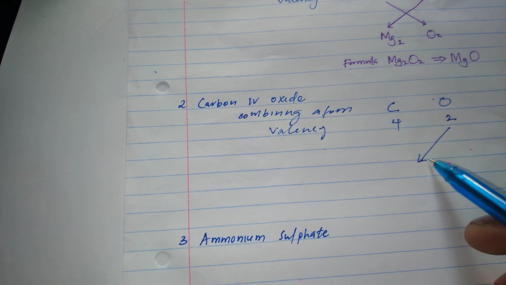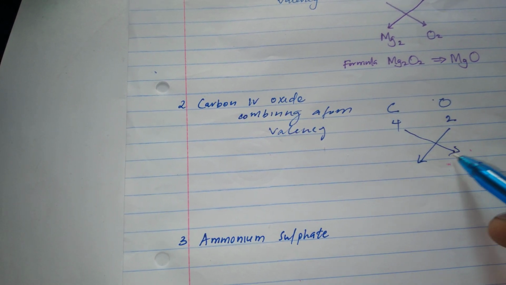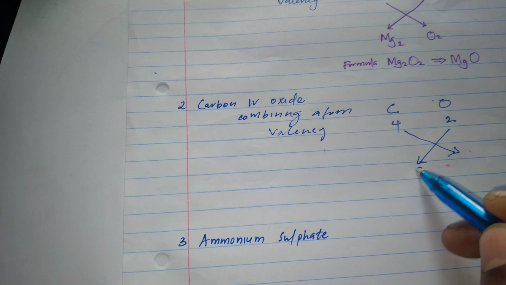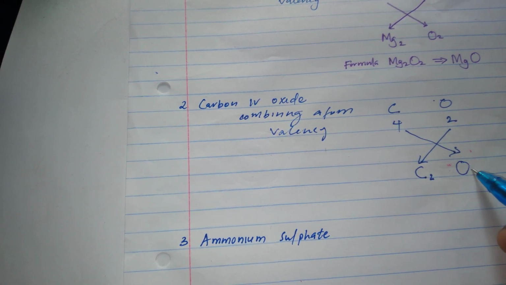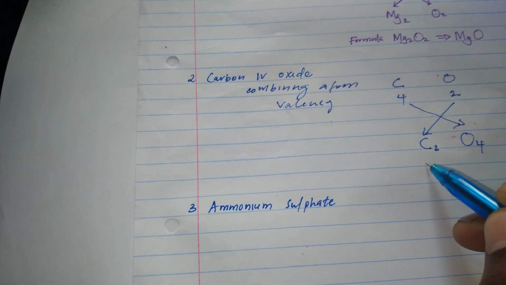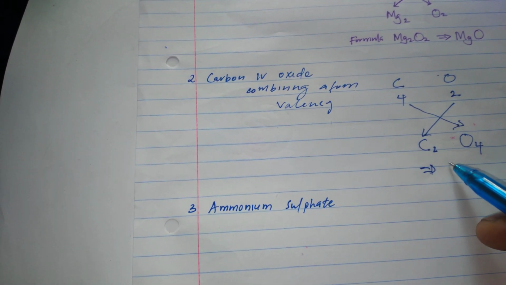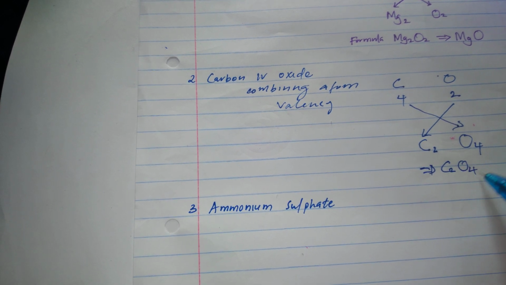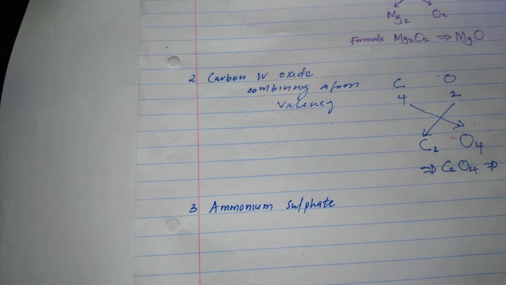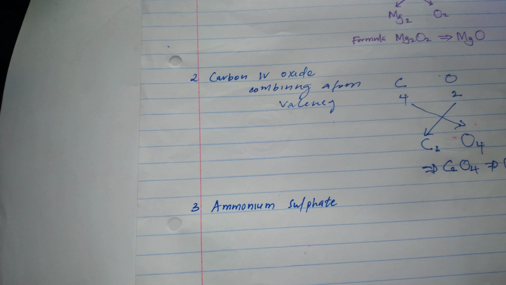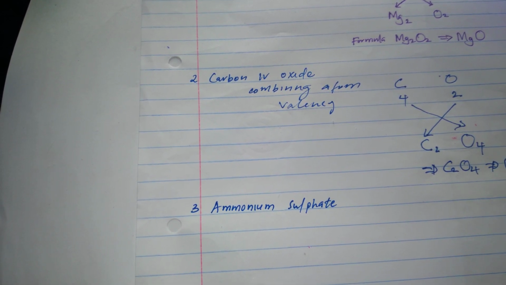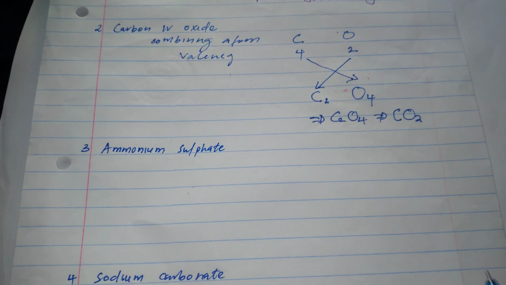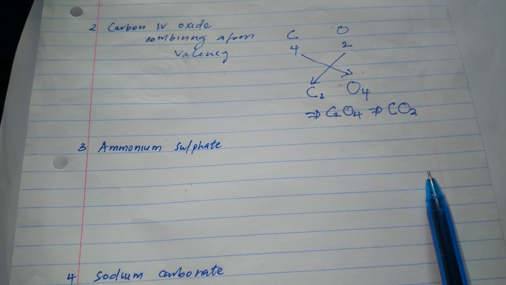So we exchange: for carbon we write 2, for oxygen we write 4. So the formula will be C2O4. The correct or simplified formula will be CO2, because 2 and 2 cancel and we remain with 2 here.